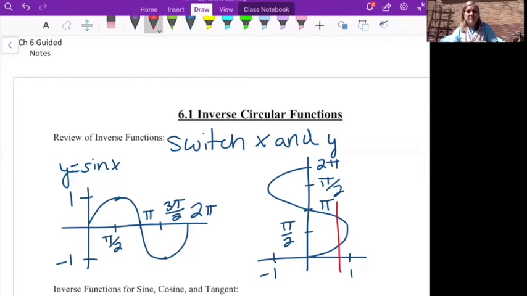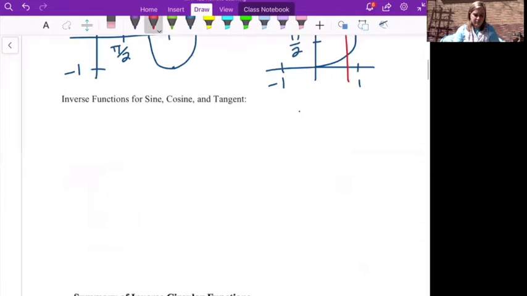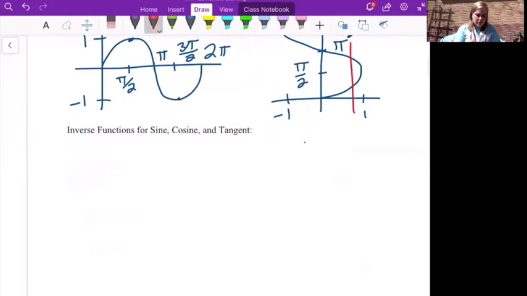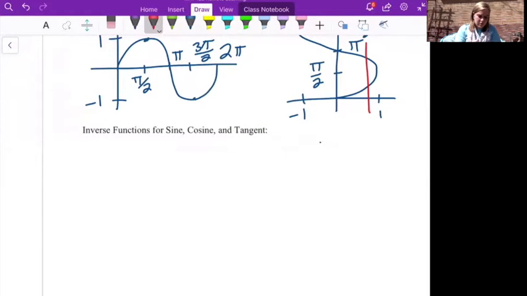So when we're talking about the actual inverse function, we want to be sure that we restrict our domain. So if we're looking at our sine function, so if we extended sine, so this would be negative pi over 2.